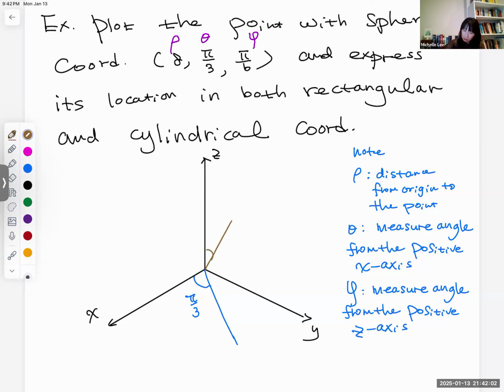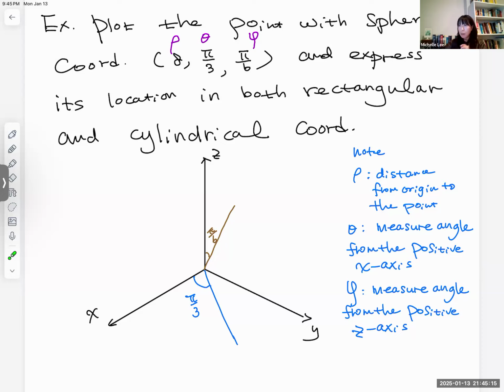Did I say that phi is from 0 to pi, right?